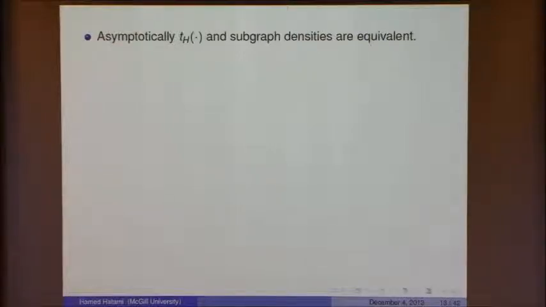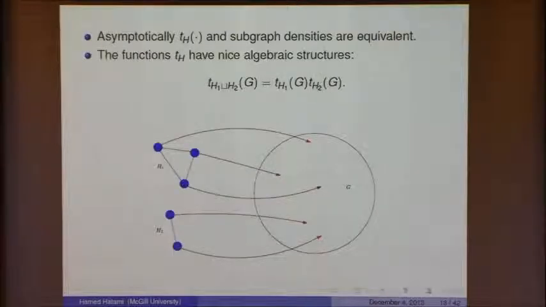Homomorphism density is a bit more convenient because we don't require the map to be, for example, injective, and the automorphisms of the graph are irrelevant. So we get nice identities.